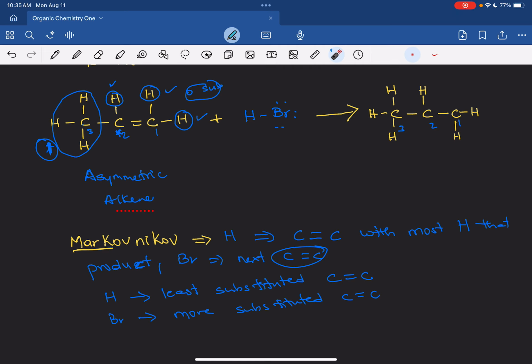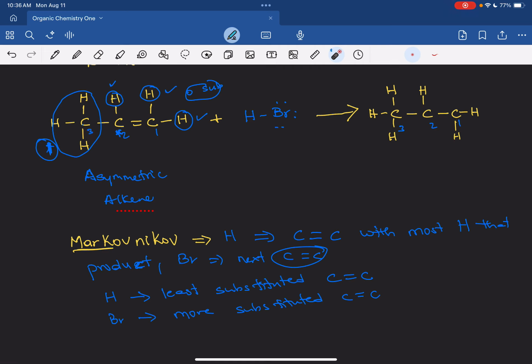Now, let's talk Markovnikov. Markovnikov states that the hydrogen is added to the carbon of the carbon-carbon double bond with the most hydrogens bonded to it. Carbon number one has two hydrogens directly bonded to it. Carbon number two only has one hydrogen directly bonded to it. Please don't make this mistake: these three hydrogens are on carbon three, not carbon two.